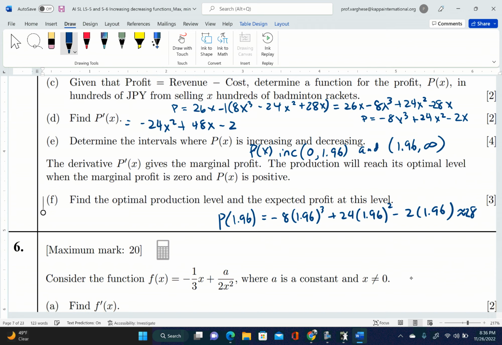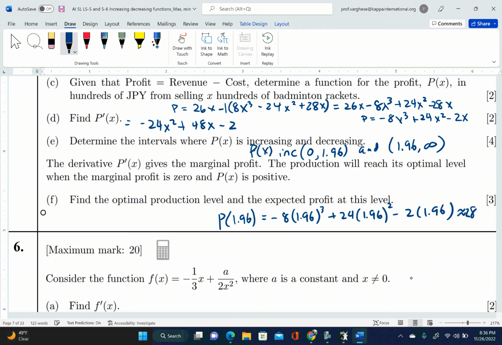So what does this mean in context? Find the optimal production level. Optimal production level is going to be 1.96, but this is in hundreds. So that is 1.96 times 100, which is 196.